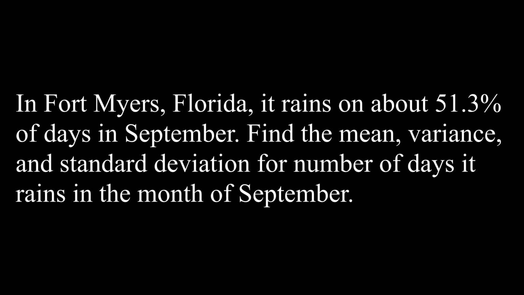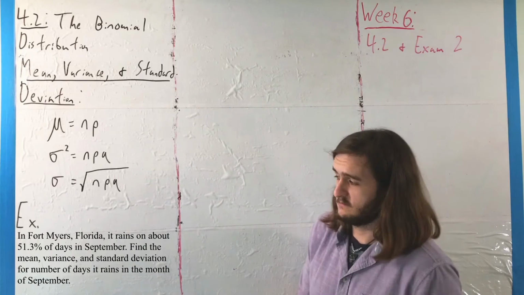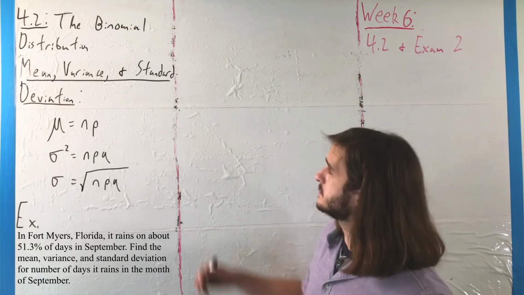So here we say that in Fort Myers, Florida, it rains on about 51.3% of days in September, where we want to find the mean, variance, and standard deviation for the number of days it rains in the month of September. For this, it's just a matter of using the formulas.